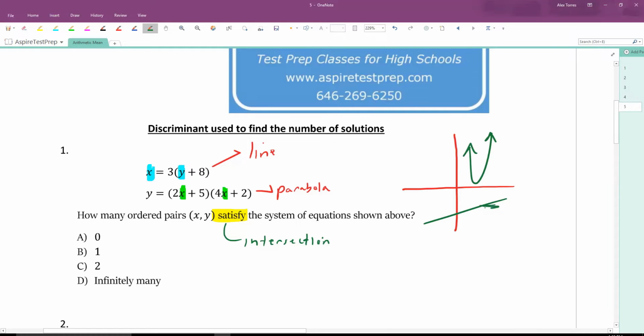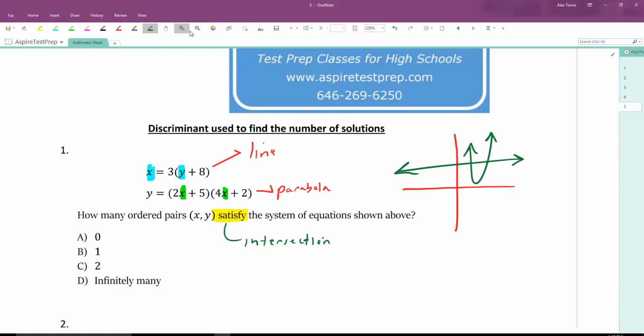We can have the line and the parabola hit at exactly one location, like that, or the parabola could be in a different spot, creating a situation where they hit twice. If they don't hit at all, that's 0 solutions. If they hit once, that's 1 solution, and if they hit twice, that's 2 solutions. So what we need to do is figure out how many times these hit each other.